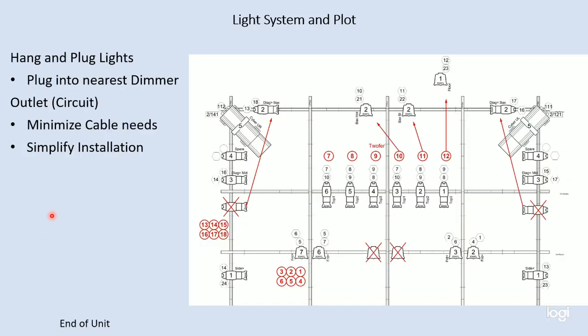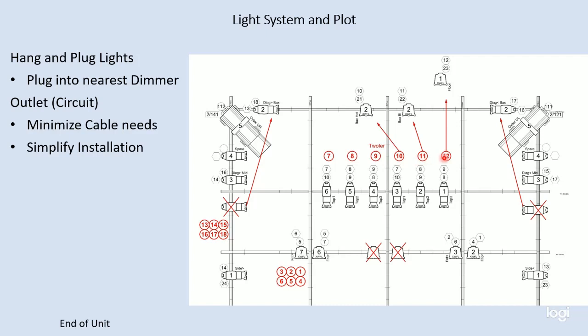The next thing we want to do is go back to our light plot, and we're talking about installing our light plot. The red circles on this drawing represent where the dimmers are physically in the space. So dimmers 1 through 6 actually appear in this physical location in the space, and dimmers 13 through 18 here, and 7 through 12 across here.